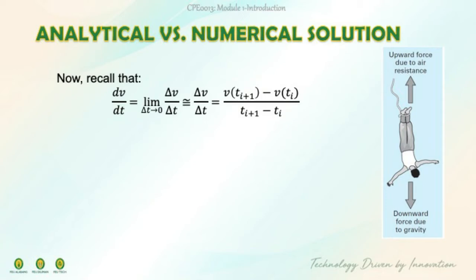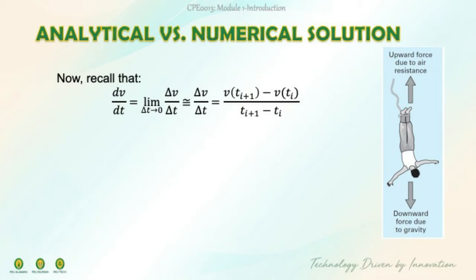So delta v over delta t is equal to v(t_i+1) minus v(t_i) all over t_i+1 minus t_i, where delta v and delta t are differences in velocity and time computed over finite intervals.